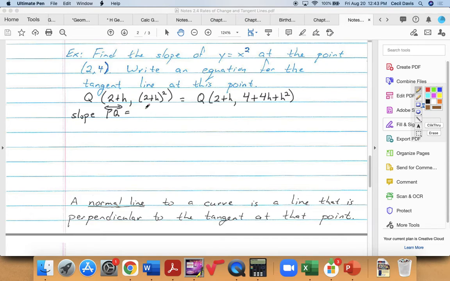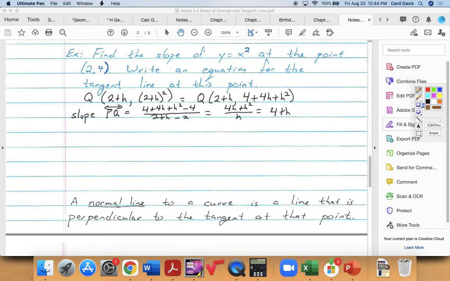So that's going to be (4 plus 4h plus h squared minus 4) over (2 plus h minus 2), which simplifies to (4h plus h squared) over h, which then further simplifies by division or by factoring and then canceling to 4 plus h.